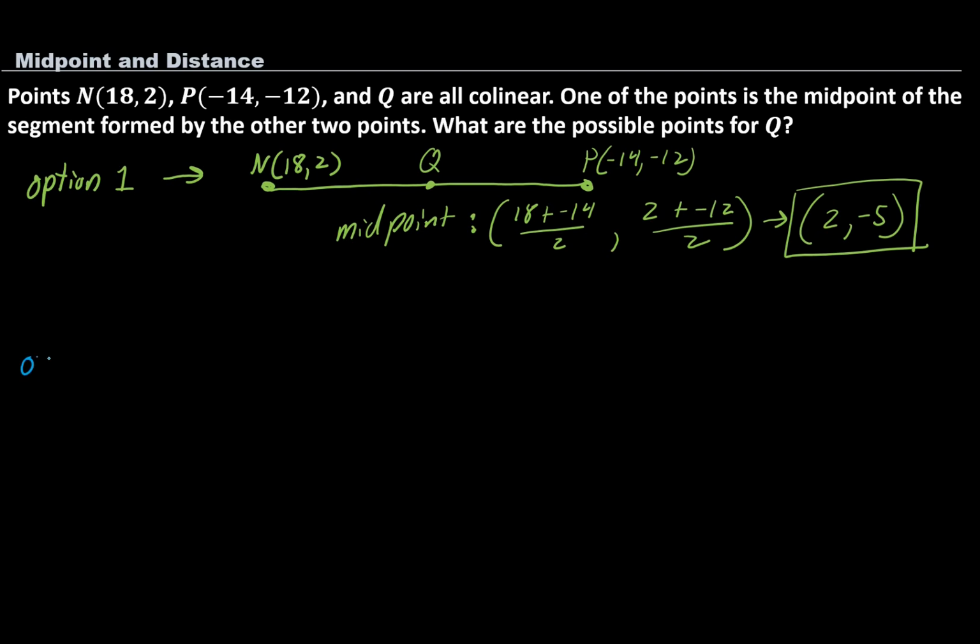Option number 2, we can say that this line still starts with N at 18, 2, but it ends with Q, and P is our midpoint.